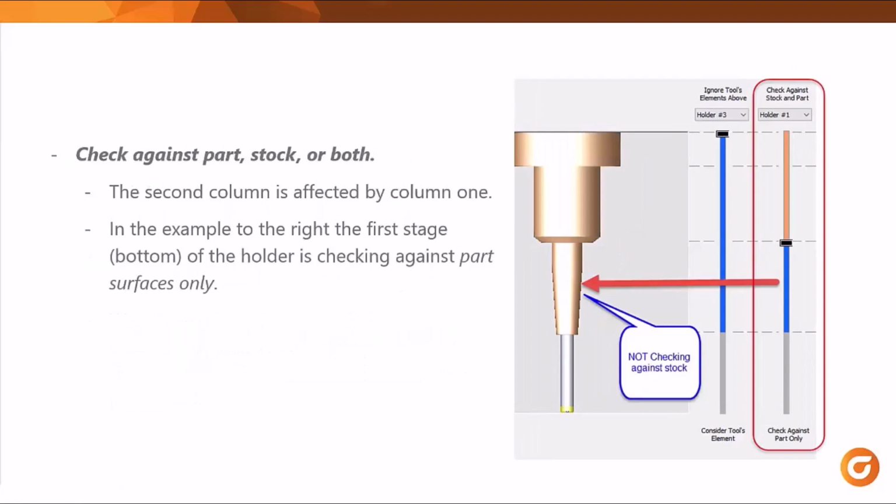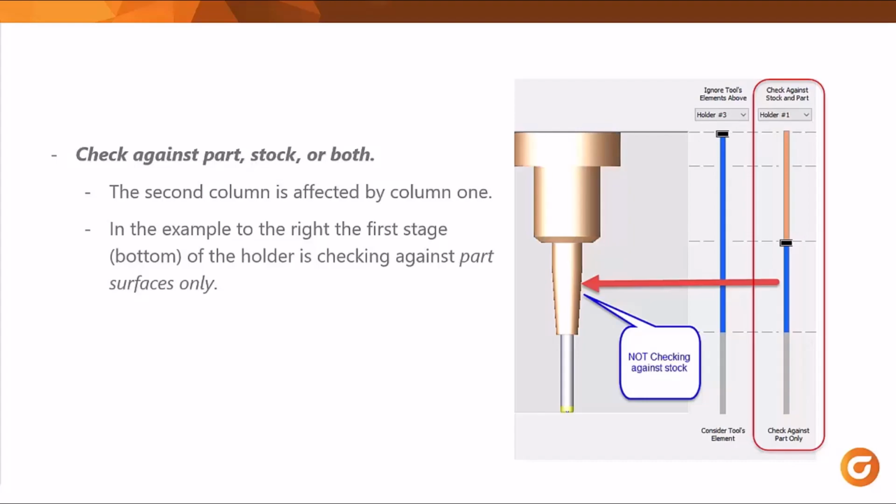Now in the second column, since we've set the first, I've slid the first column all the way back up so we can consider all elements here. The second column is where we tell it what part of the tool assembly is going to be looking at the part and what is going to be looking at just the stock. In the example to the right, the first stage, the bottom of the holder, is checking against the part surfaces only.